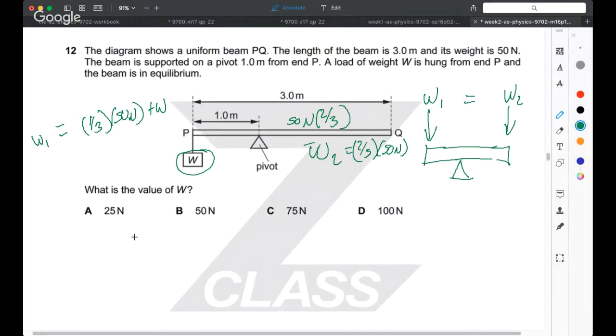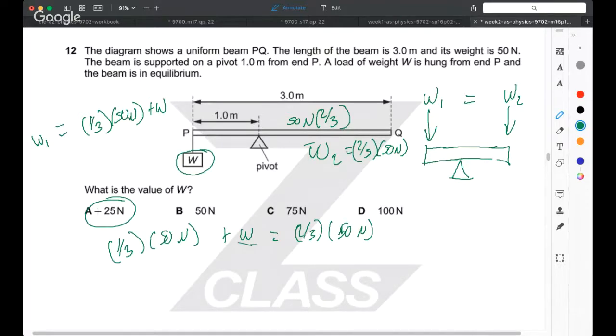So what you have here is 1/3 of 50 newtons plus W equals 2/3 of 50. And you just have to solve for W. And they give you the value according to this is going to be from A. Should be 25 newtons. Okay.